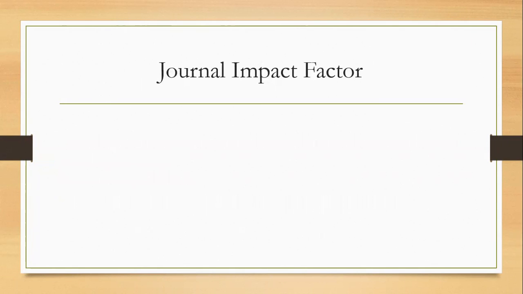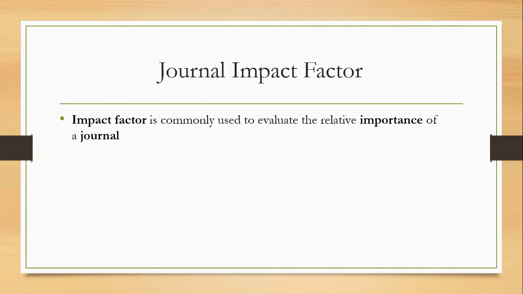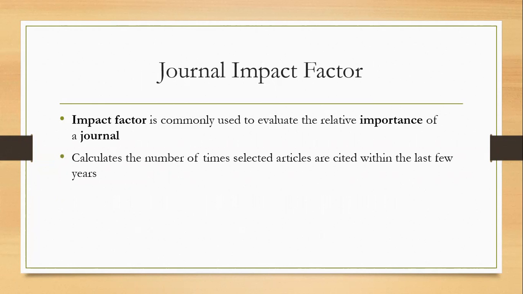Another important thing that would come under the description of the article is the journal impact factor. The impact factor of a journal is commonly used to evaluate its importance. To calculate it, the number of times a selected article is cited within the last few years determines the journal impact factor.